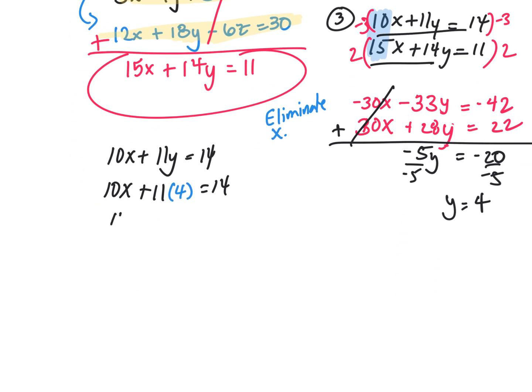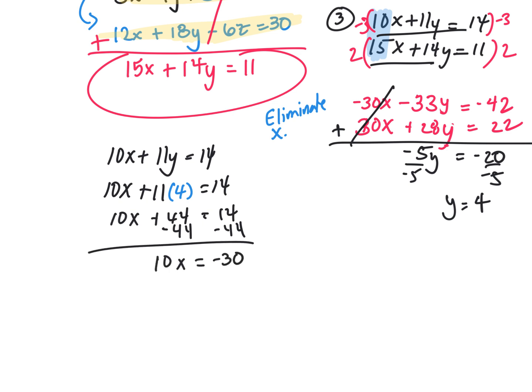So we have 10x plus 44 equals 14. Subtract 44. We get 10x equals a negative 30. Divide by a 10. X equals negative 3. Okay, that was step 3.